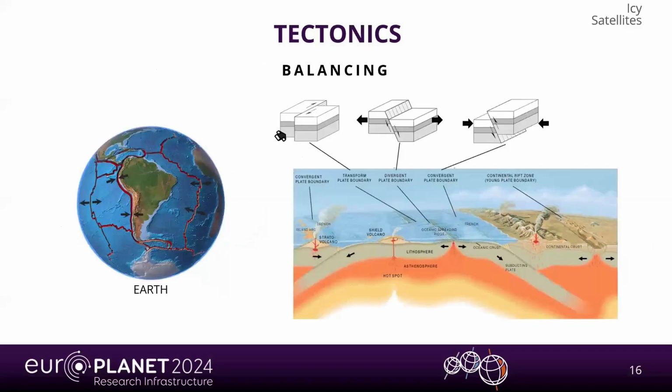The plate tectonics that we have on Earth explain the deformation of our crust. Maybe you already saw something similar in the presentation of yesterday. The deformation of our crust is characterized at top by a rigid, brittle outer shell that is subdivided and fractured into plates that drift on a warm convective mantle.